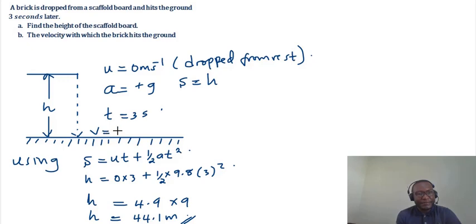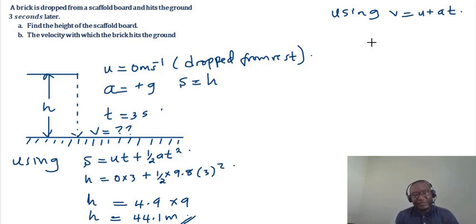So we need to find the final velocity there. Now we've got the displacement, which is 44.1. We've got the acceleration, we've got the time. We can go ahead and use the first equation, that v is equal to u plus at.